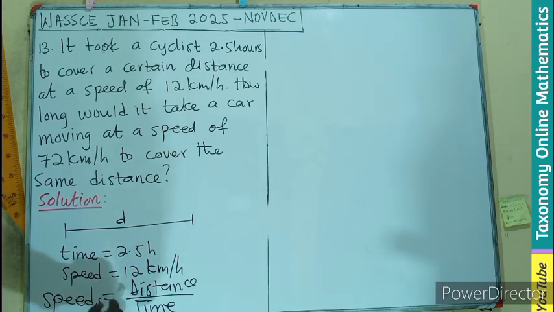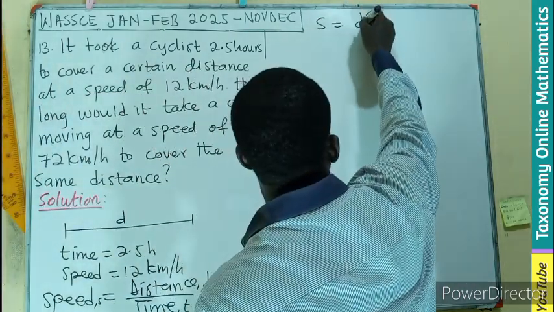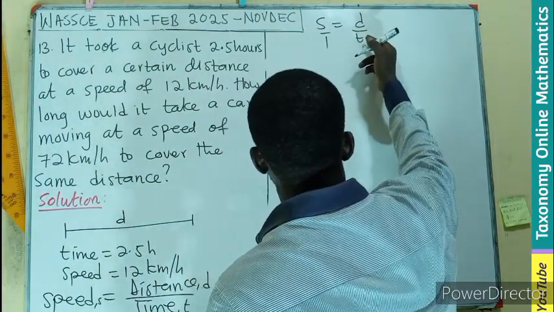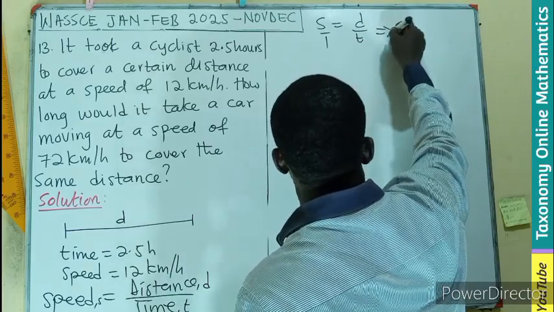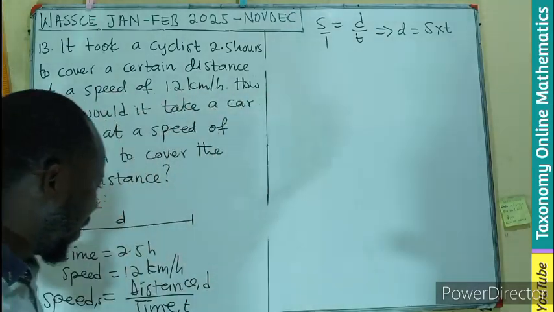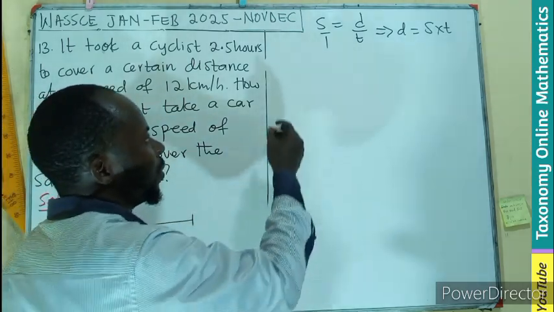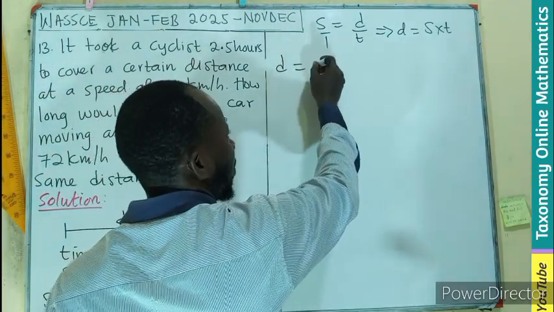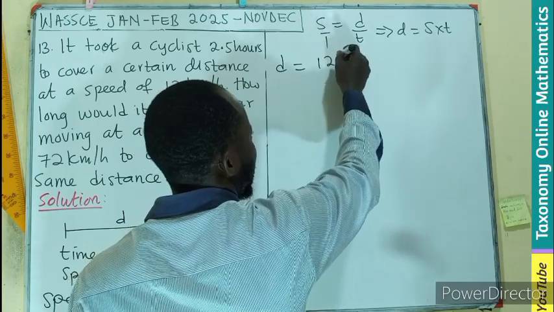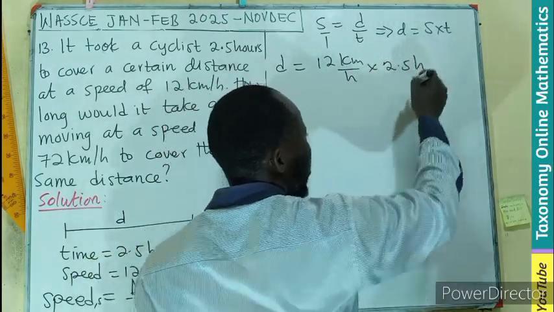So let me use S, D, and T. So I can easily see that S equals D on T. Since I am looking for D, you cross multiply, D equals S times T. Meaning the speed, 12 times the time.